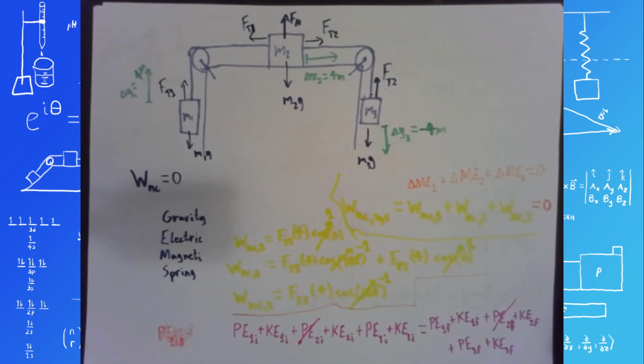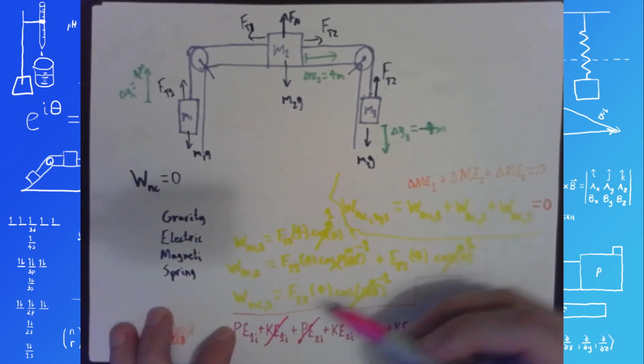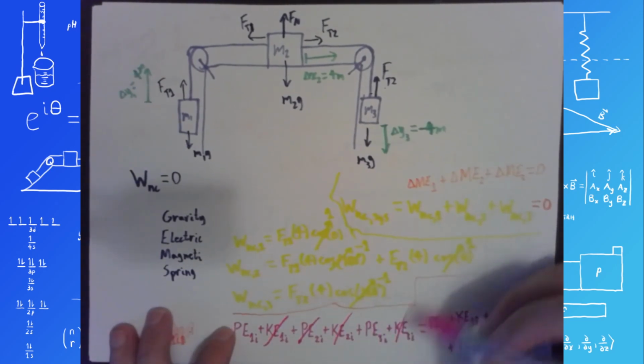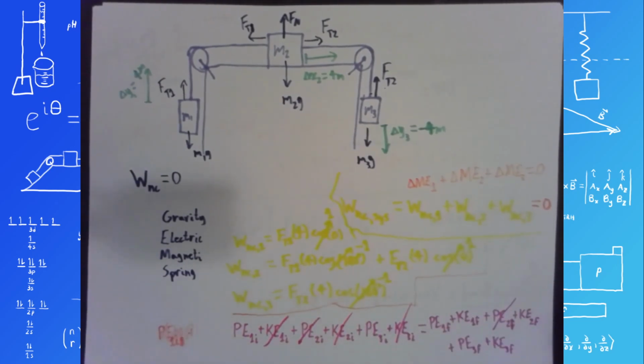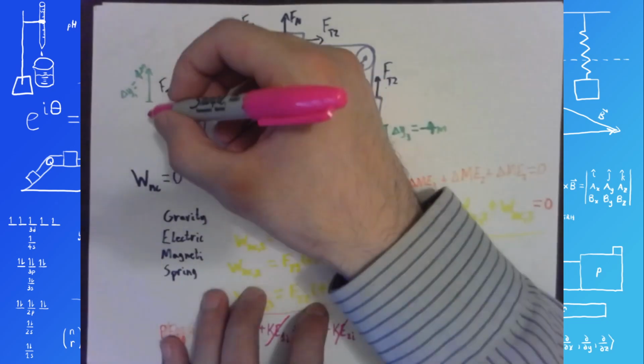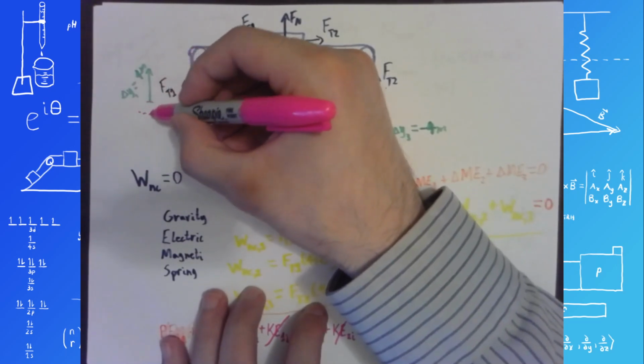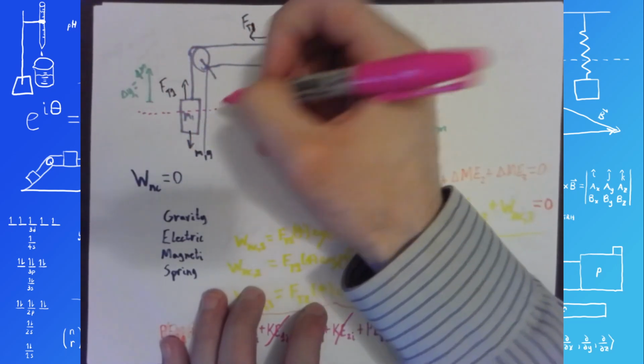What else? Initially, the system is at rest, so all of the initial kinetic energies are zeros. And that leaves us with the potential energies of object 1 and object 3. For object 1, I'm going to say that the 0 of potential energy is over here.